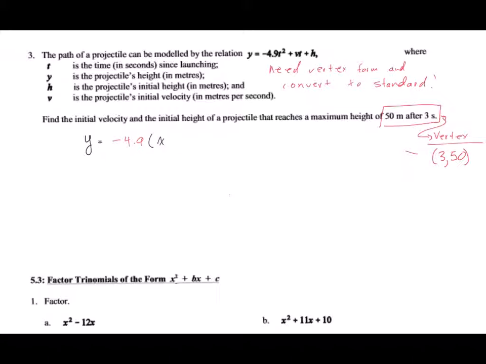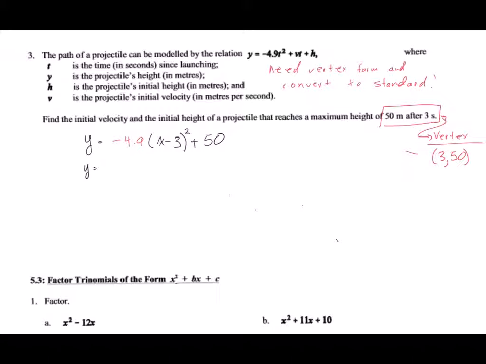So now we start with y is equal to negative 4.9 bracket, and we go x minus 3 all squared plus 50. The reason why we got negative 4.9 is because our original equation had negative 4.9 attached to the t squared term. So we need that in order to do most of our calculation.